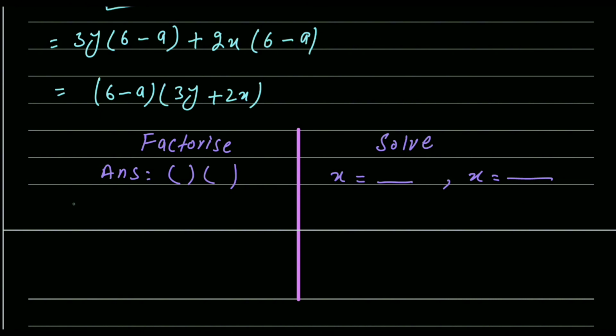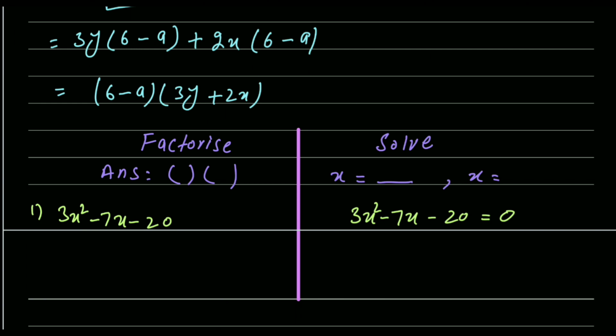If the question is 3x square minus 7x minus 20, and for solve the question, what will your question be? 3x square minus 7x minus 20 is equal to 0. This is the difference between factorization and solve questions.